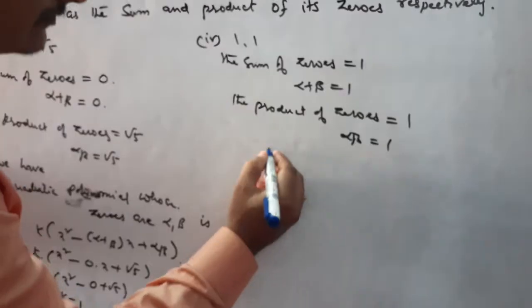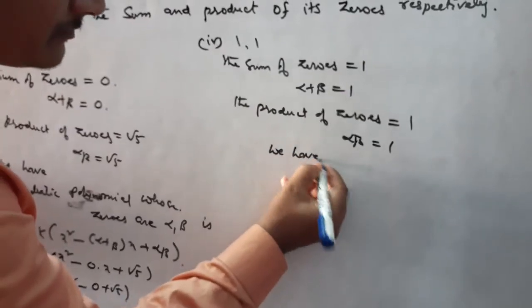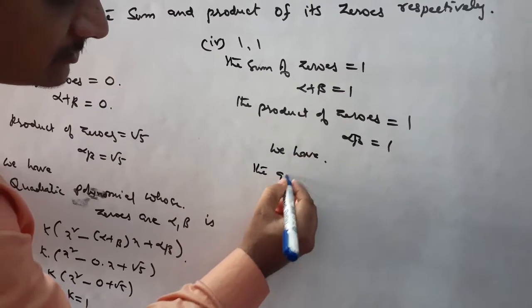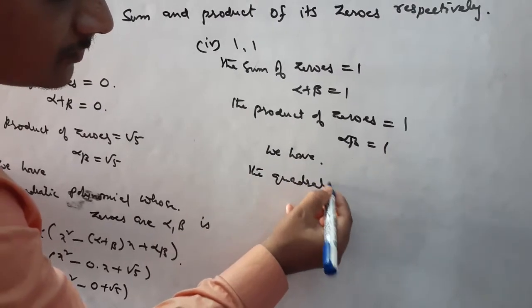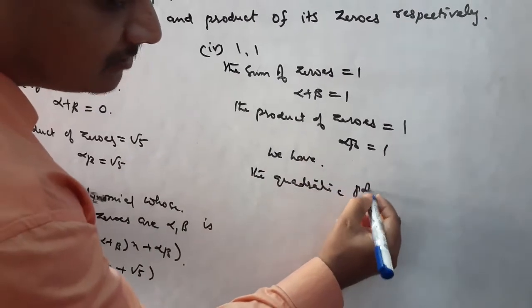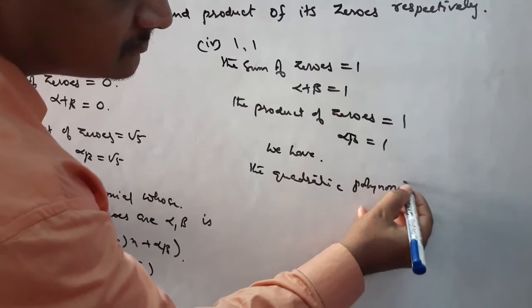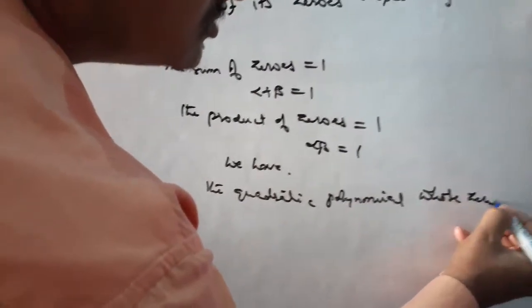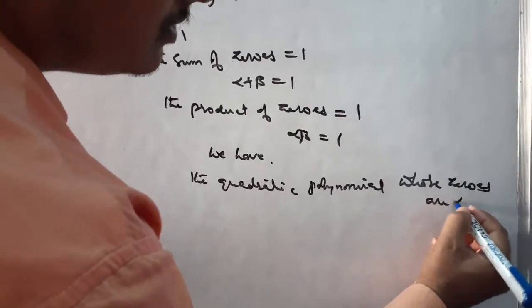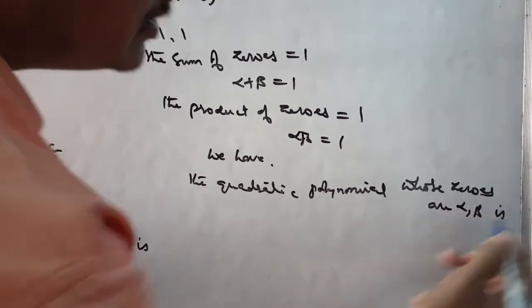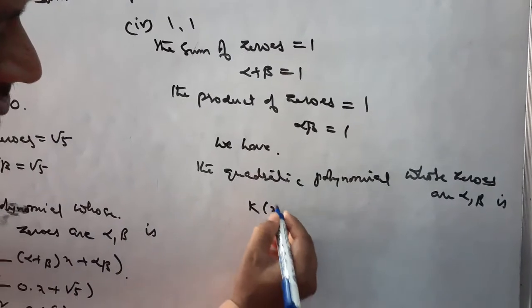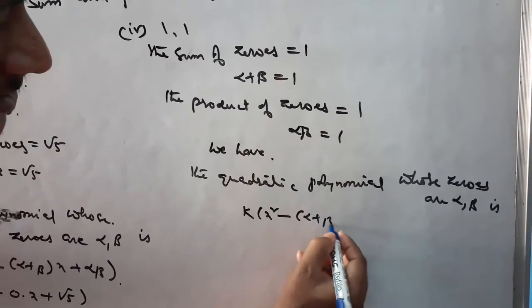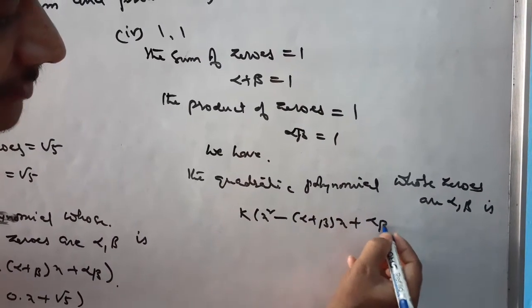So here we have the quadratic polynomial whose zeros are alpha, beta: k into x square minus (alpha plus beta) into x plus alpha beta.